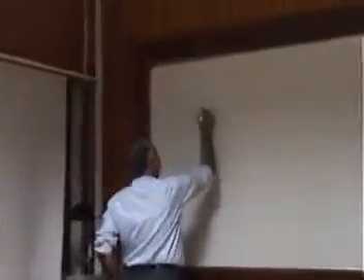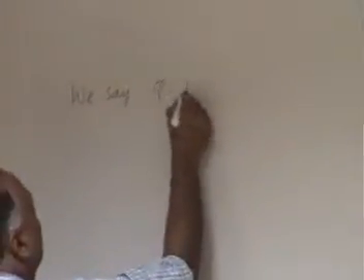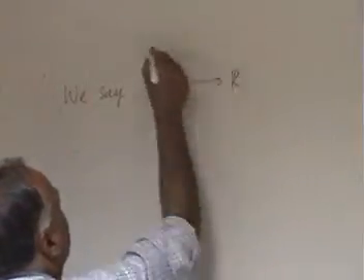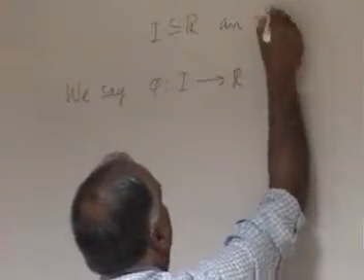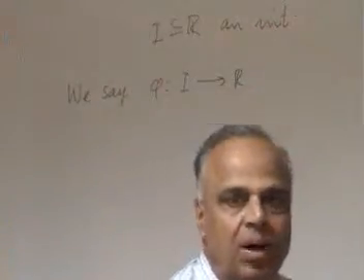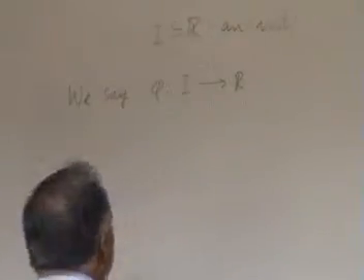So, we say, suppose I is an interval in R. I will just restrict myself to functions of one variable defined on an interval, okay? I won't take a convex set in a vector space, etc. We could make it more general, but let's stick to this.